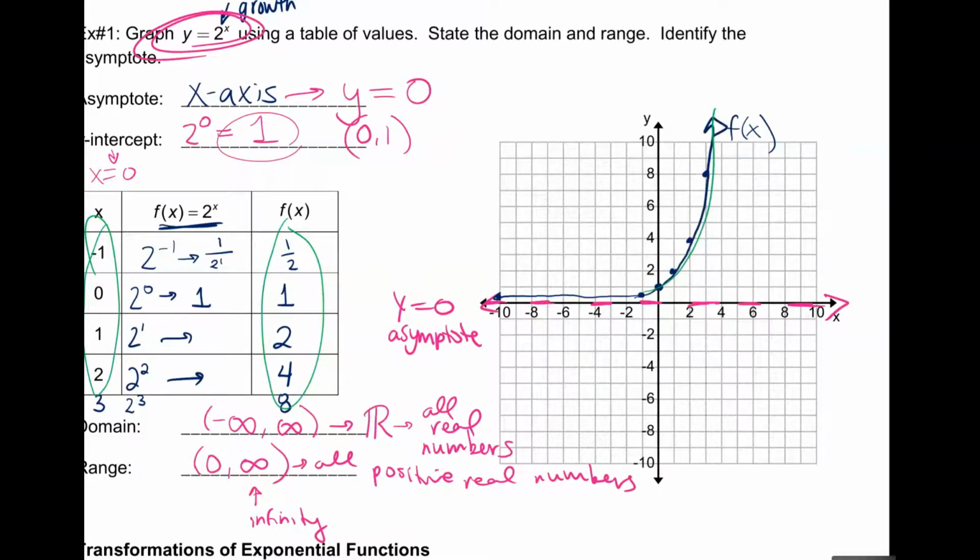Draw your graph. Don't cross the asymptote. The domain's all real numbers, but the range, it's all positive numbers, right? Notice there are no negative y values. So you're going from 0 to infinity, aka y is greater than or equal to 0. Not equal, I'm sorry, just greater than. Right? Y can never equal 0.